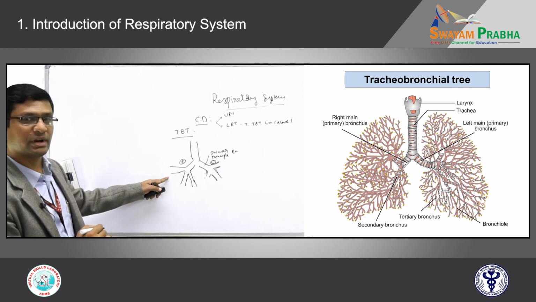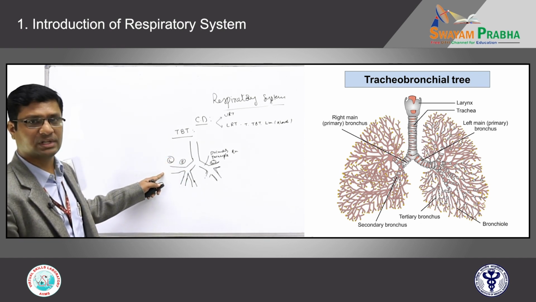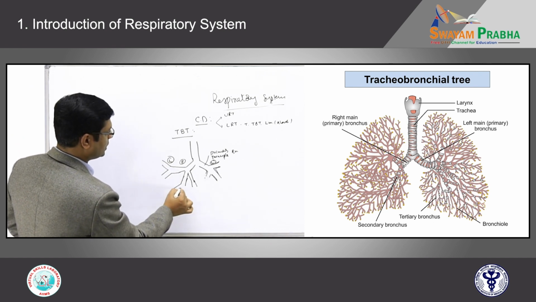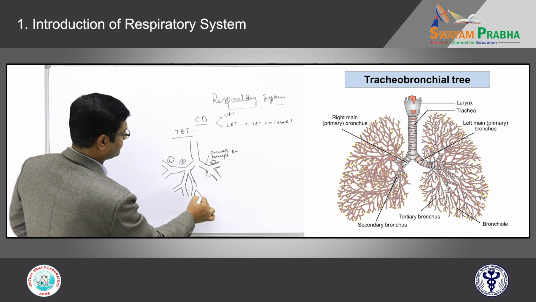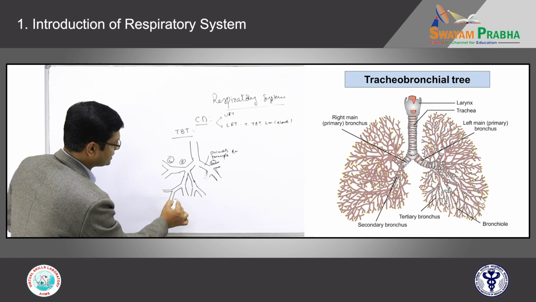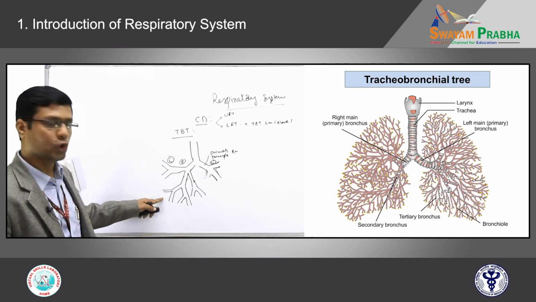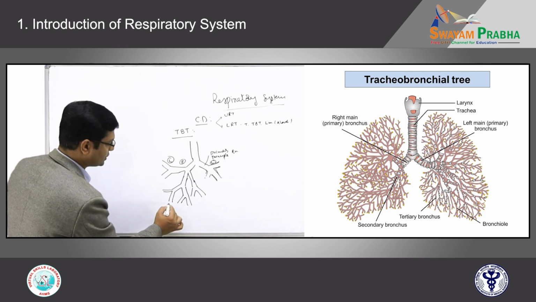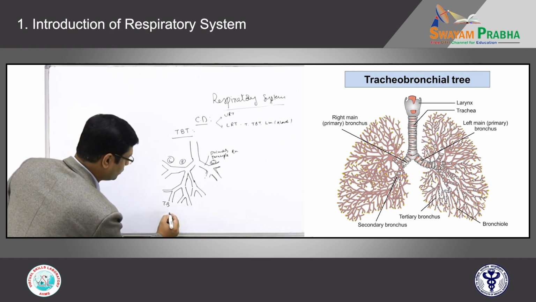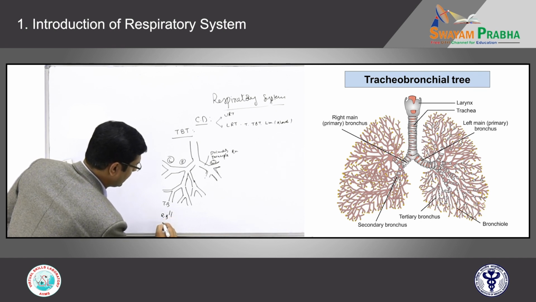Once these secondary branches enter the individual lobes, they again branch dichotomously, like the branching of a tree, into tertiary bronchioles. These tertiary bronchioles again bifurcate within the individual lung lobe. Finally, the tertiary bronchioles lead to respiratory bronchioles and alveoli.